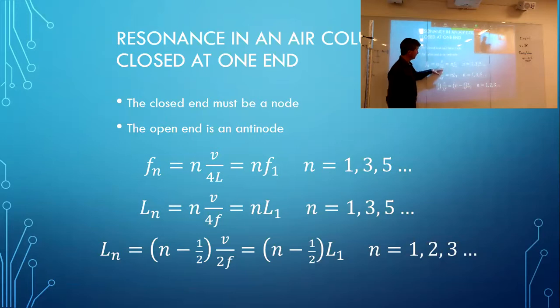We divide that by 4L. And again, each harmonic is some integer value times the fundamental. Now we're going to switch things up. Instead of keeping this changing, we're going to make our L change. So we're swapping these two out right here.